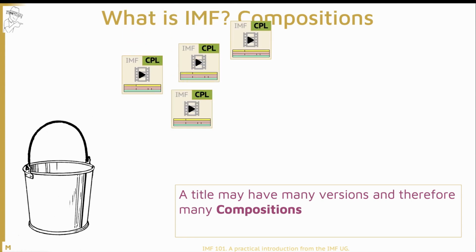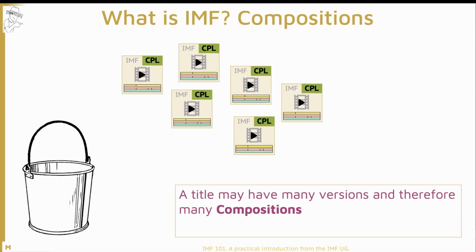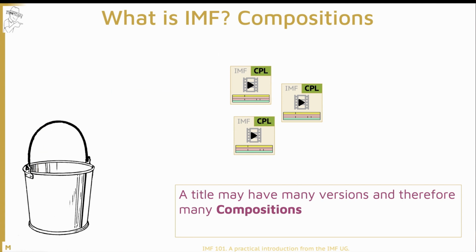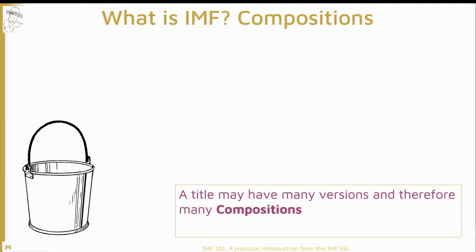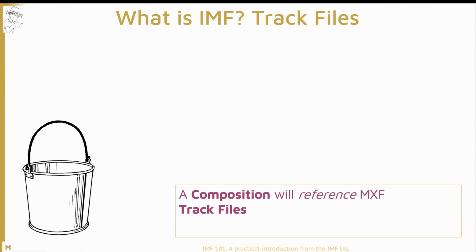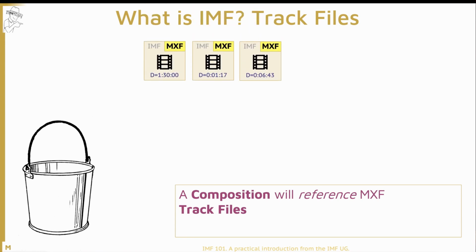Let's put those in the bucket. But then we've got to have some actual stuff. We need some video, for example. So for each segment, each clip of video, we've got a separate video file. That's good. And for each one of the audio tracks or audio inserts, we've got a separate audio file. It's one thing per file. We need subtitles as well. So for each thing, that goes in a file of its own.